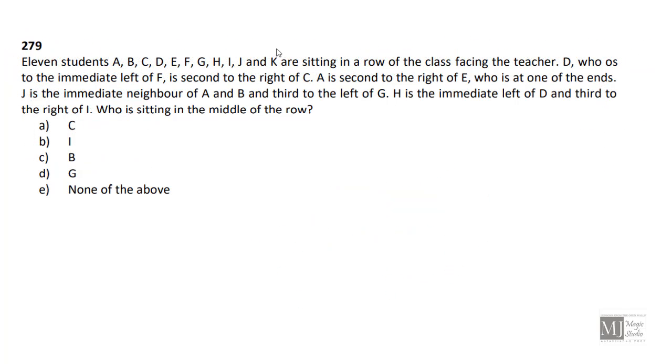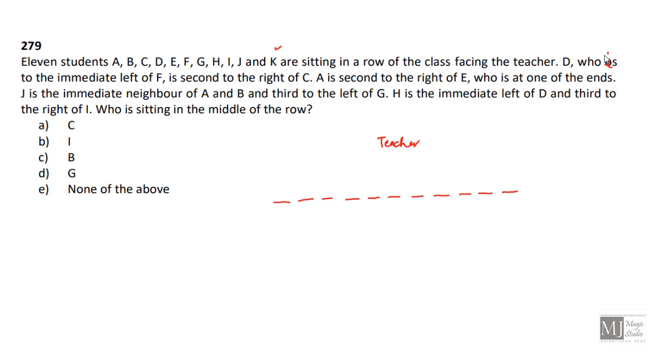11 students A, B, C, D, E, F, G, H, I, J, K are sitting in a row of the class facing the teacher. Teacher, 11 people. D is to the immediate left of F. Let me count all these as left and all these as right.